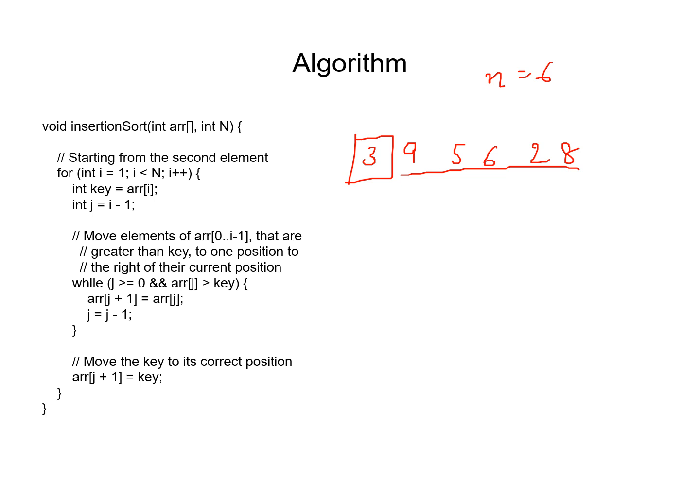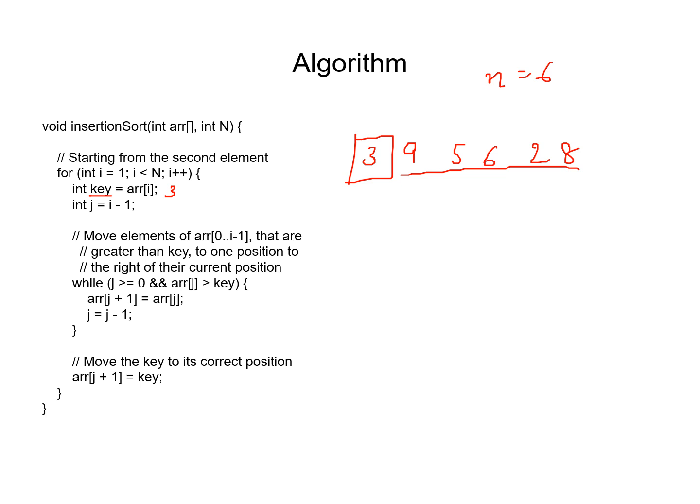Now the loop will run from 1 to i less than n. So n is 6, so it will go from 1 to 5. Now in the key or temporary element, you can keep array i. So array i is array 1.